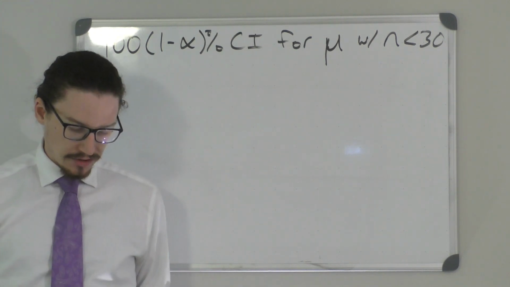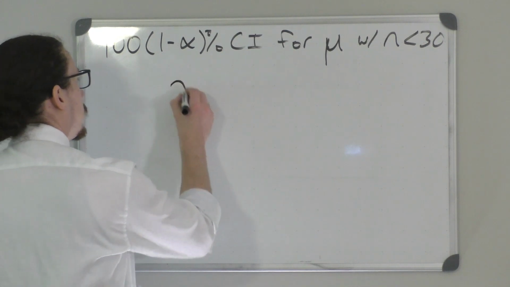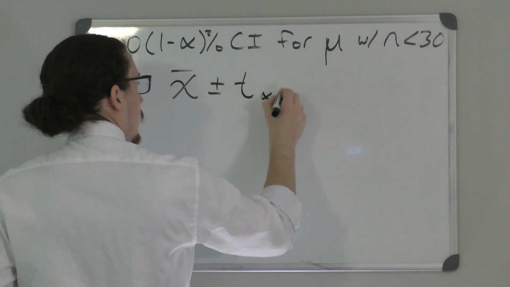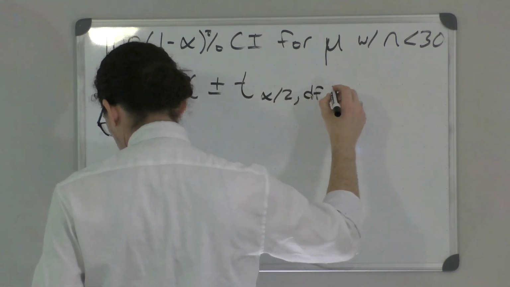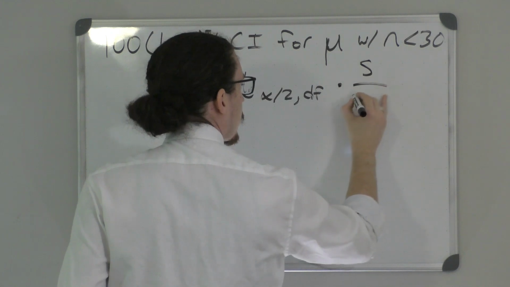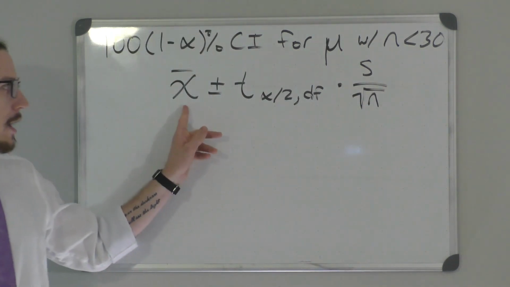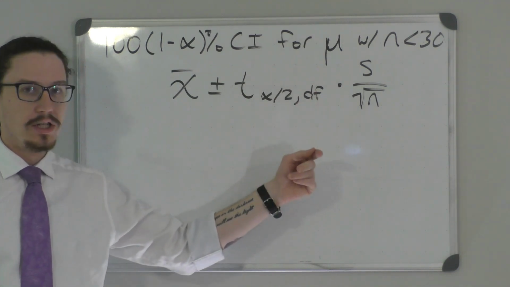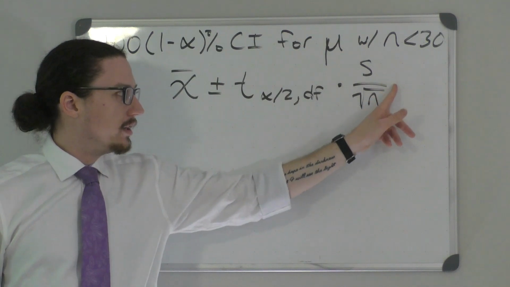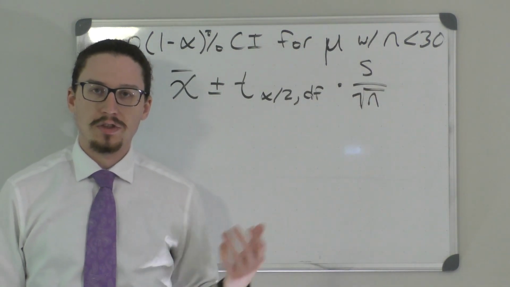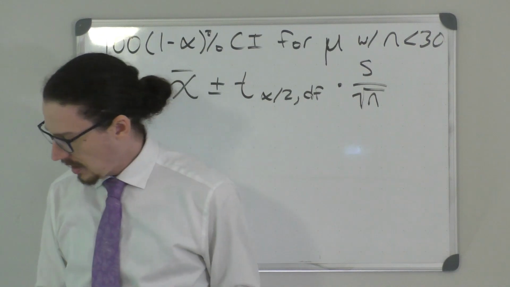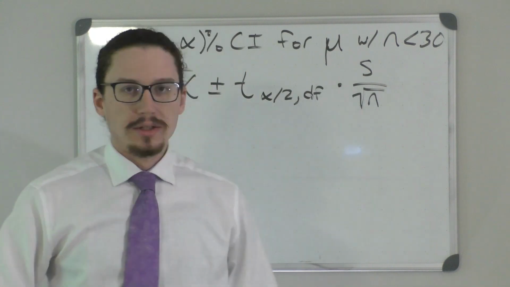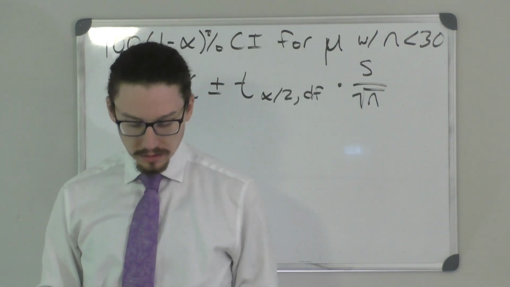So our 100 times 1 minus alpha percent confidence interval for the population mean with n less than or equal to 30 is equal to the sample mean plus or minus t alpha divided by 2 comma degrees of freedom, times the standard error, which is s over the square root of n. So that is our formula.